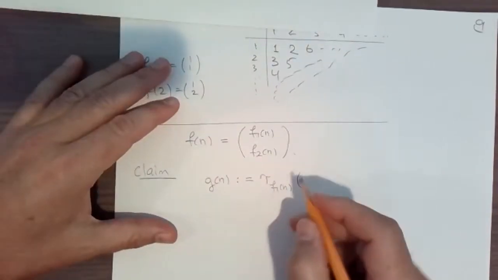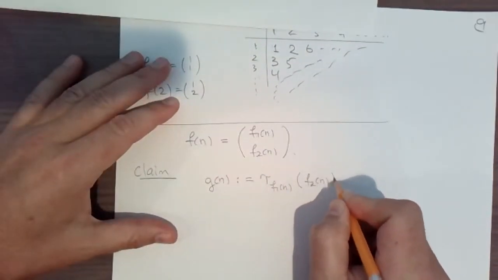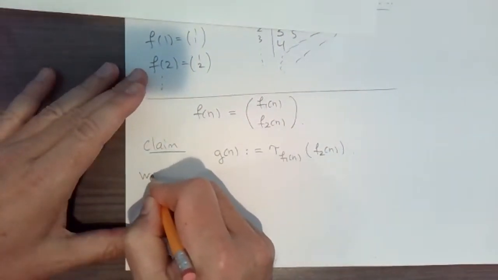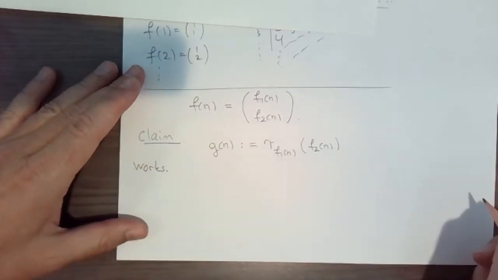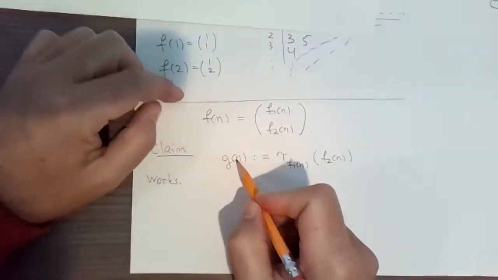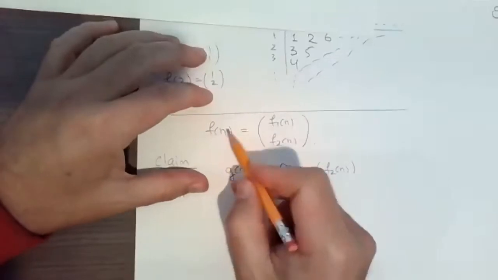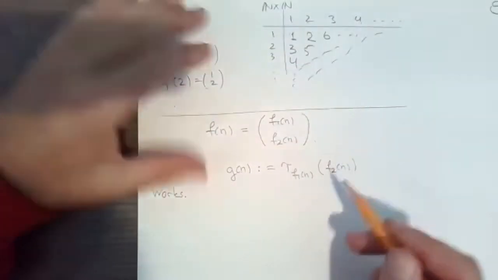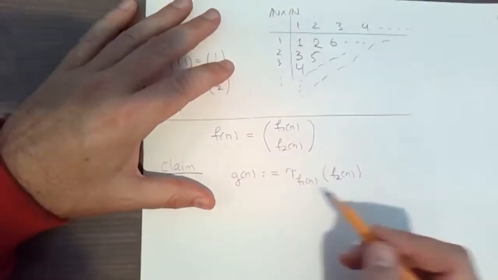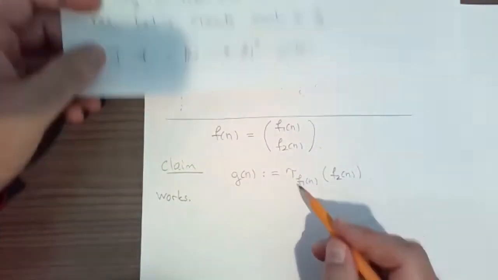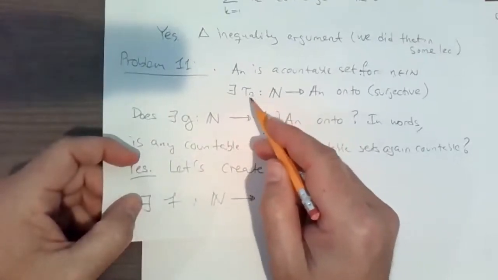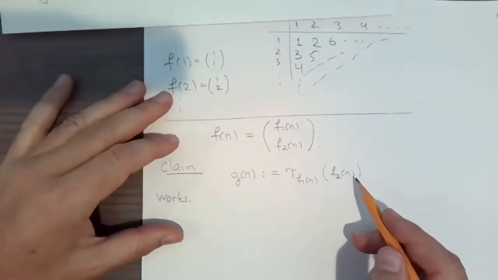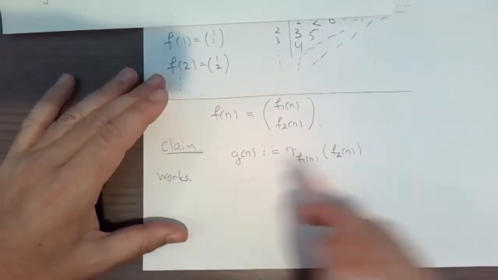I'm going to evaluate tau at f2 of n. So take a natural number, plug it into this f, which is onto, and I get f1 and f2. I take f1, pick out the tau that corresponds to it, and evaluate that tau at f2. The claim is that this works.